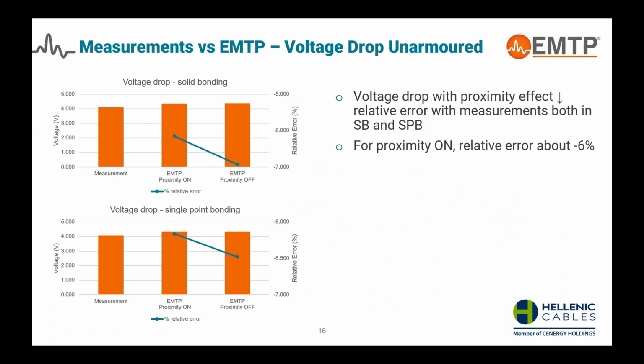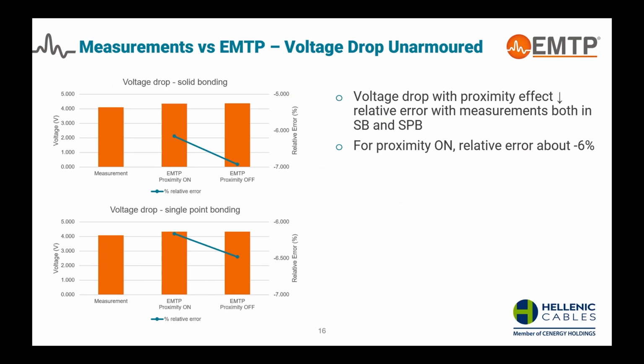Now, the measurements. Firstly, we show you the voltage drop of the unarmored cable. As you can see here, we have two diagrams: first, the solid bonding voltage drop, and then the single point bonding. At the left y-axis, you can see the voltage measured and simulated, and at the right y-axis, the relative error.